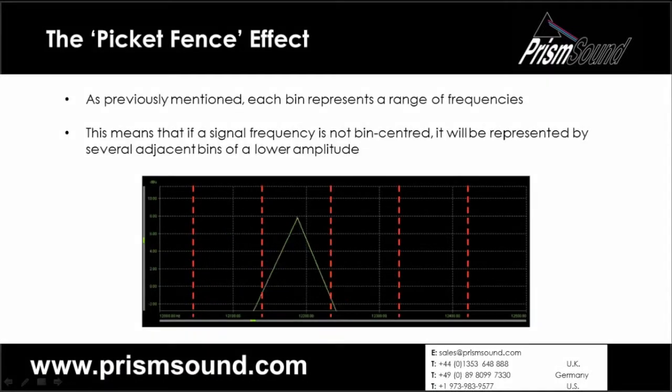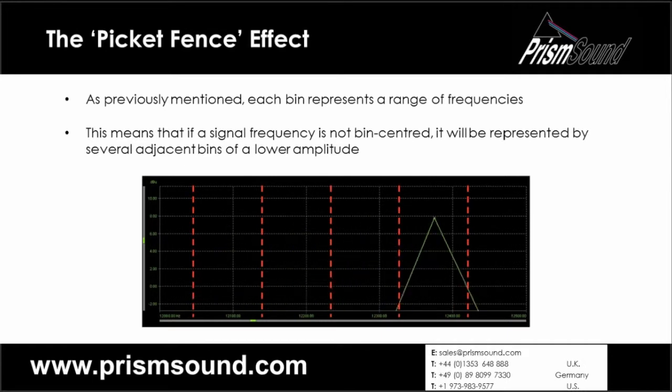Okay, so as I previously mentioned, each bin represents a range of frequencies. And this means that if your signal frequency is not at the center of a bin, it's actually going to be represented by several adjacent bins of a lower amplitude.